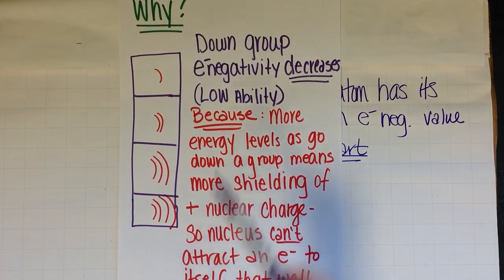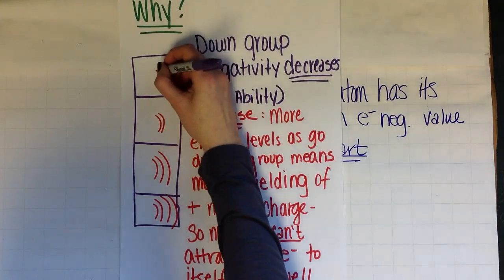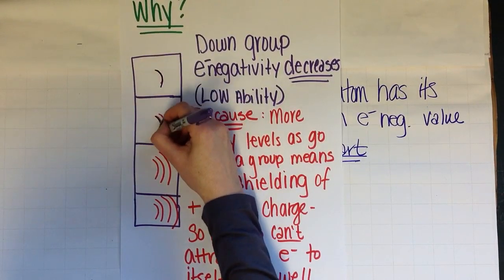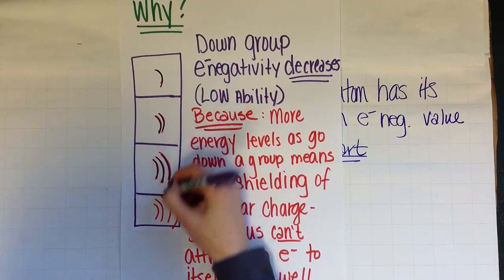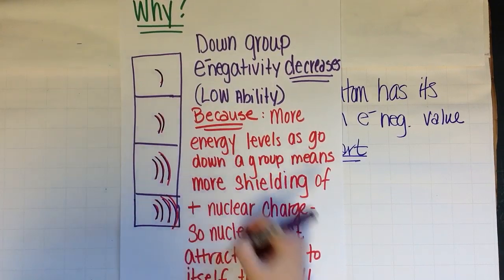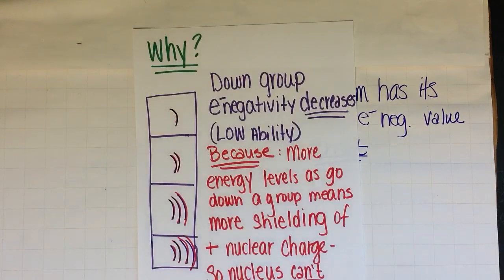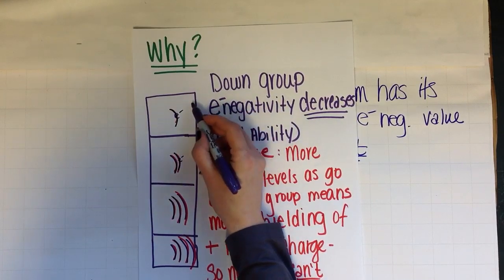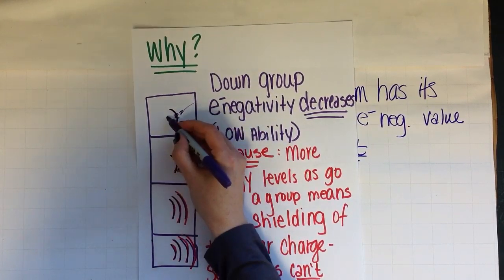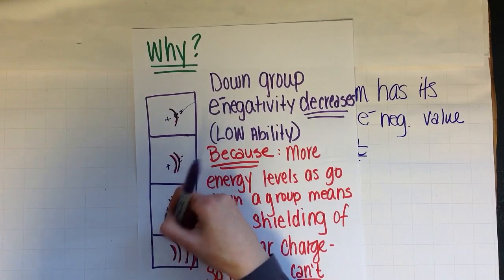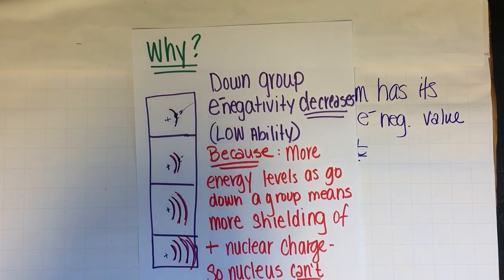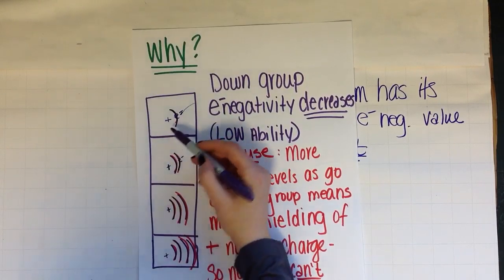Well, hopefully you remember that as you go down a group, you have more and more energy levels, right? In this atom, I have 1 energy level. This one, I have 2 energy levels. This one, I have 3 energy levels, 4, and then 5, 6, 7. And so if my electron is sitting here on my outermost energy level, and I'm trying to attract that electron, remember the positive nucleus attracts it. Well, in this example, this electron is going to be very attracted to this proton because it's so close to it.